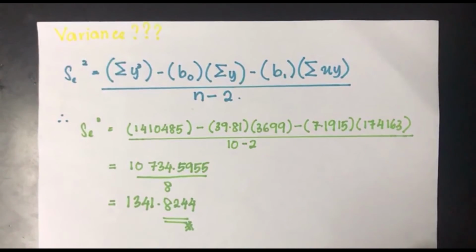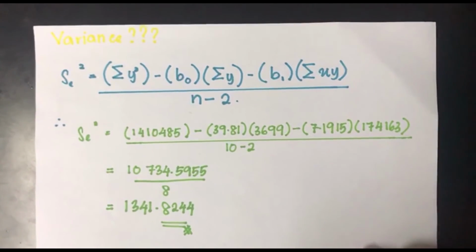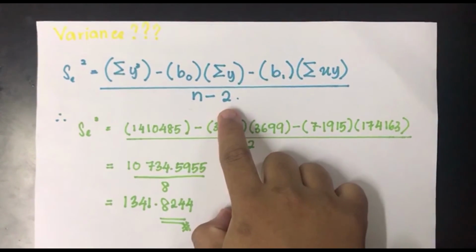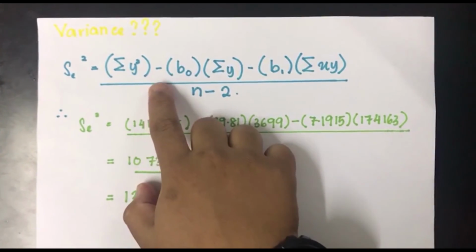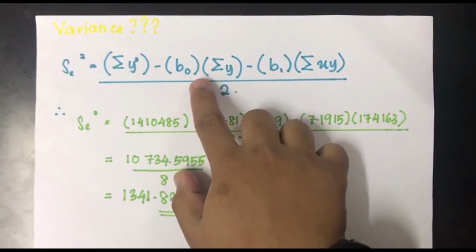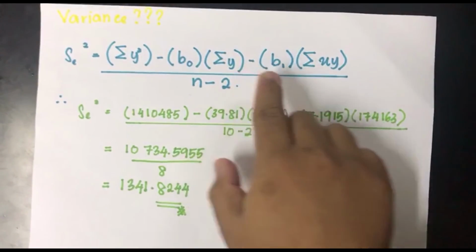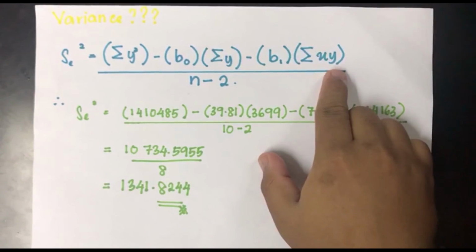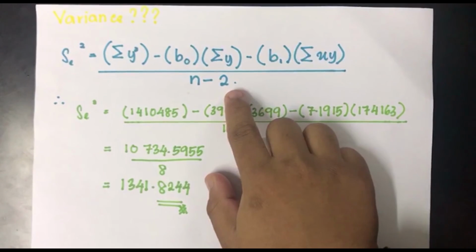And next, we must find the variance. So, as we all know, the equation for the variance is total of y squared minus B0 multiplied with total of y minus B1 multiplied with total of xy, and they will be divided by n minus 2.